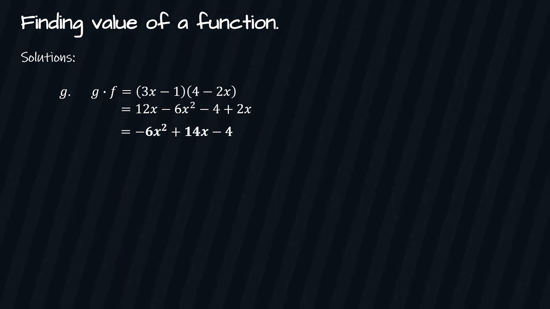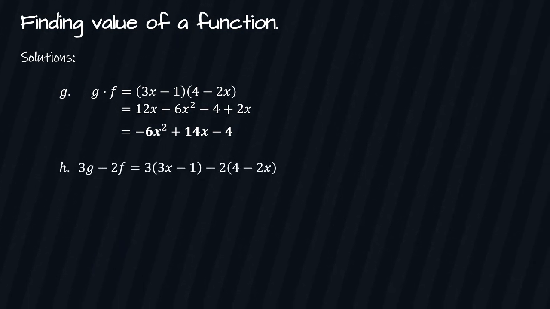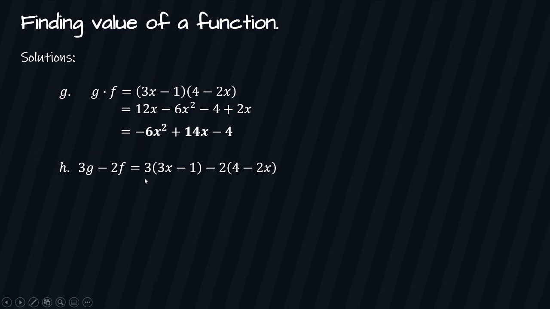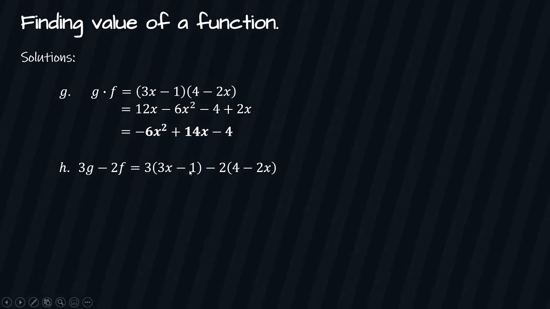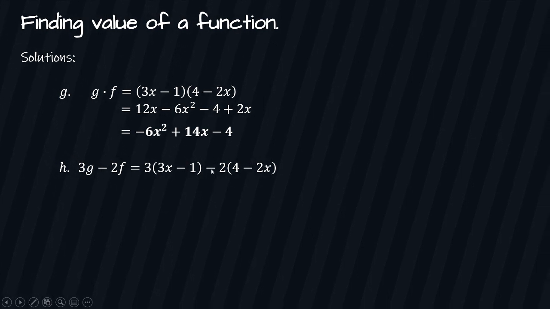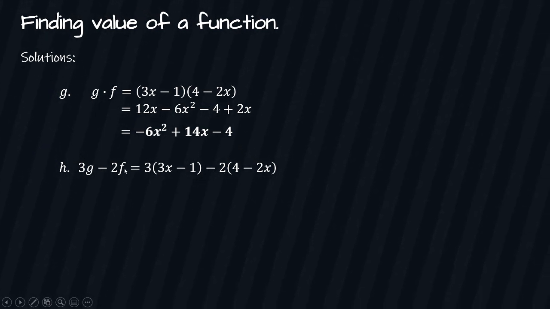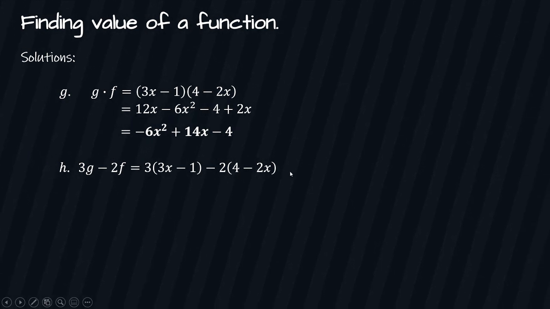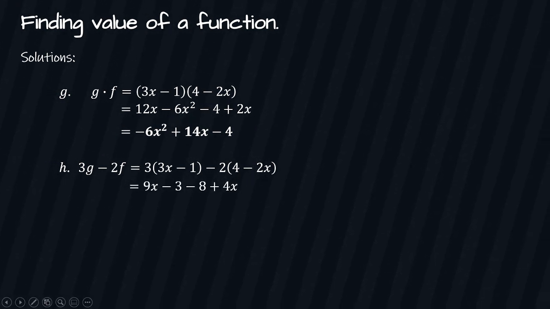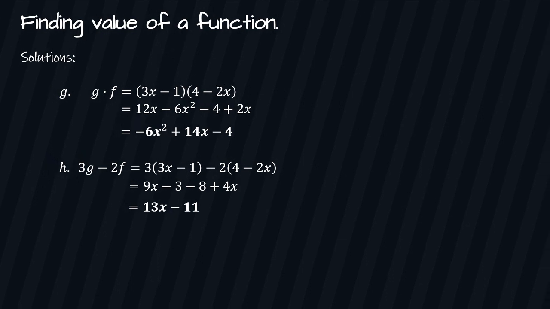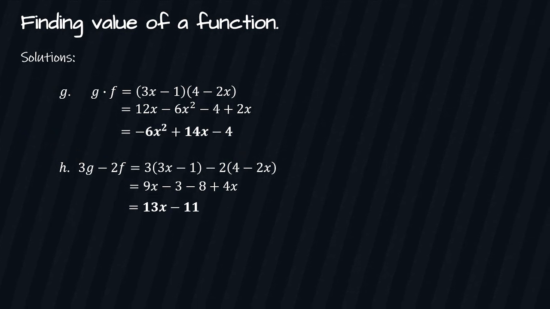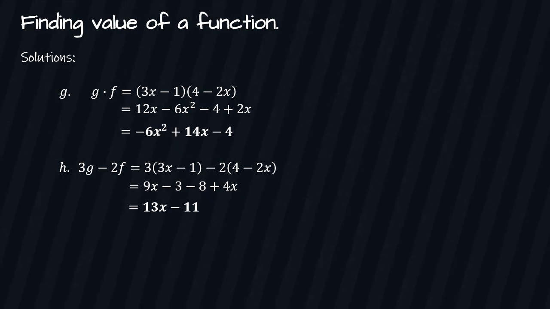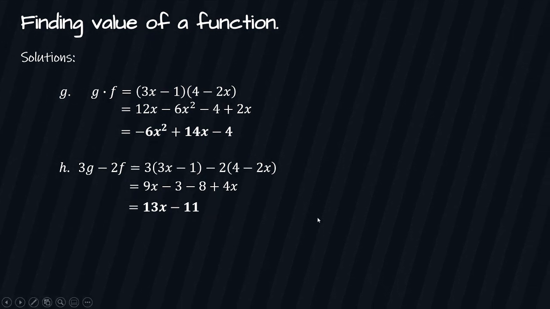Next, we have 3g minus 2f, or equal to 3 times the quantity 3x minus 1 minus 2 times the quantity f of x, which is 4 minus 2x. So we simplify and get for 3g minus 2f, that is equal to 13x minus 11.